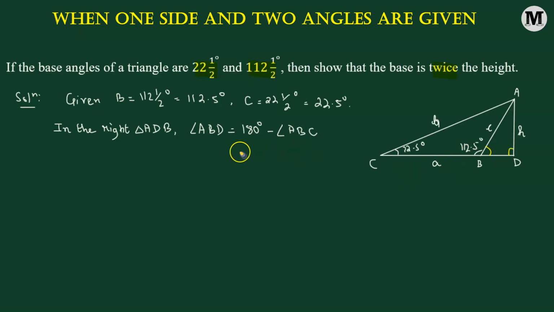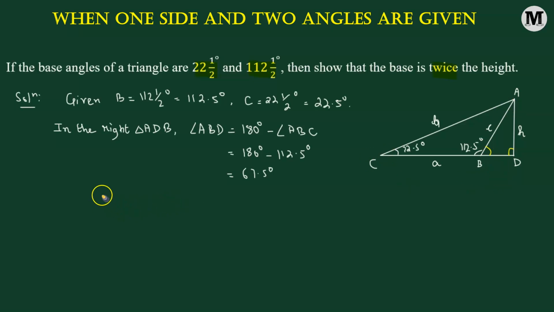So let's substitute this here. We have 180 degrees minus 112.5 degrees, and that should give us the angle measure of ABD, which comes out to be 67.5 degrees. So we have the angle measure of ABD.